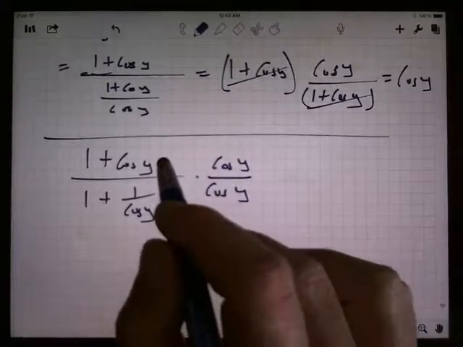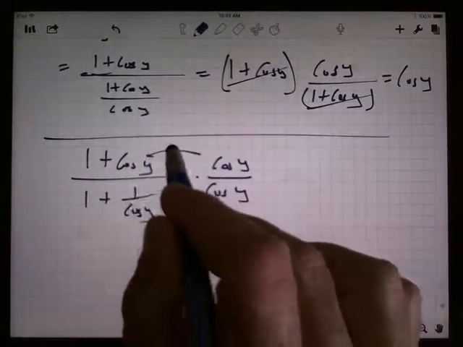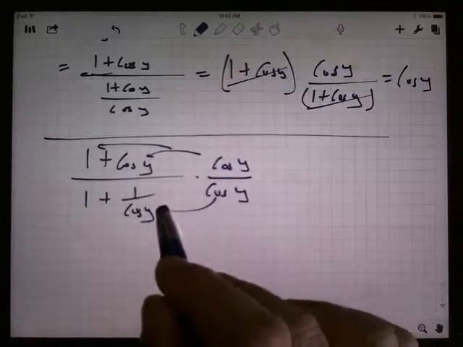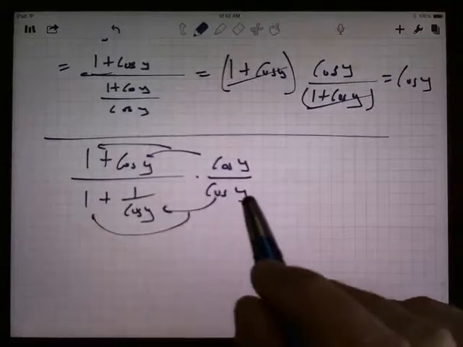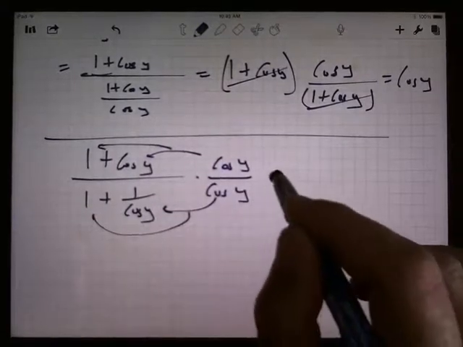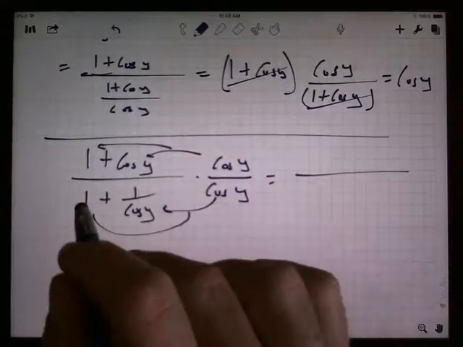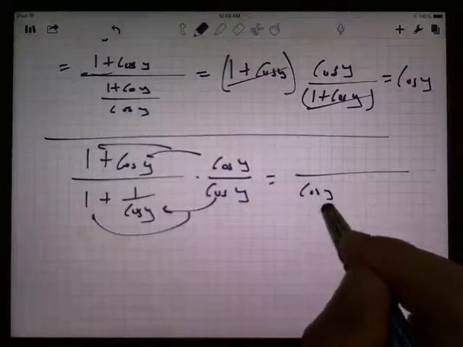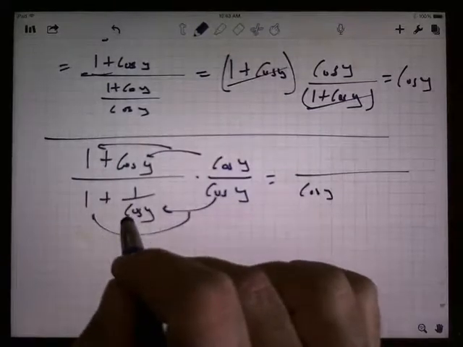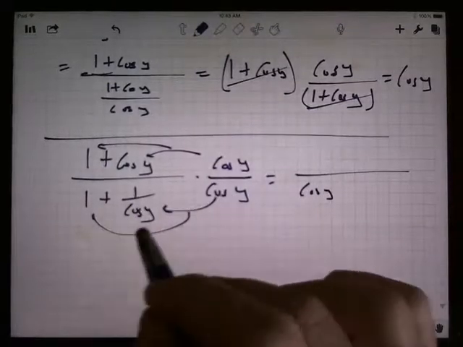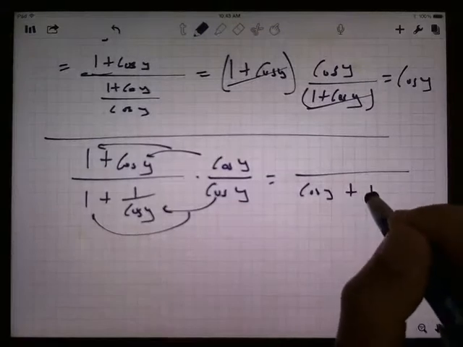The distributive property says you're going to multiply both things in there. Now I'm going to do the denominator first. The cosine y times the 1 is cosine y, and the cosine y times 1 over cosine y, well, those cosines cancel out, leaving you just with a 1.